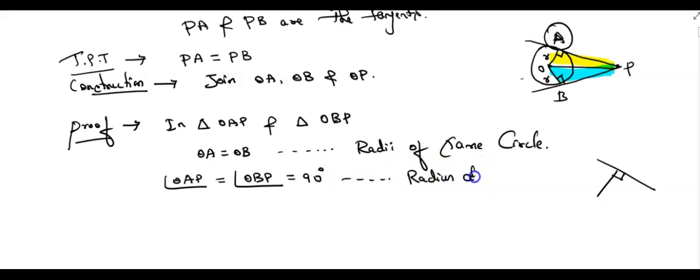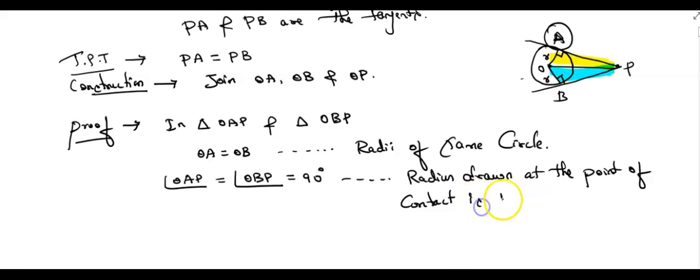Radius drawn at the point of contact is perpendicular to the tangent.